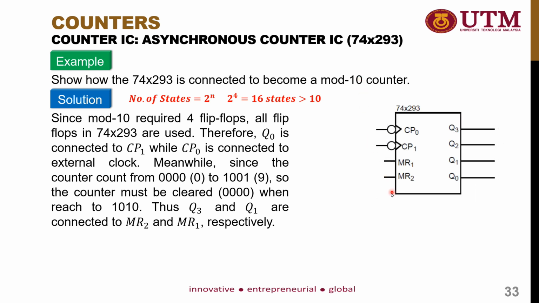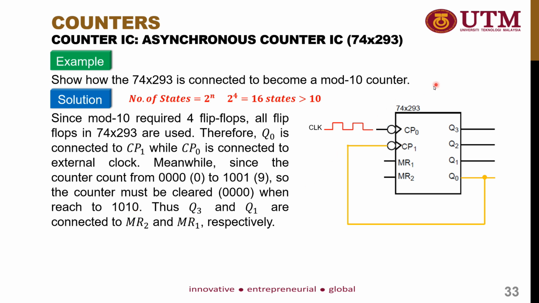Okay? What you can do is that, as usual, you connect the external clock to CP0. And then you connect the Q0 output to the second clock signal, because you want to provide a conventional type of 4-bit asynchronous counter. And then, as you see here, if the count reaches 1010, it needs to be reset.